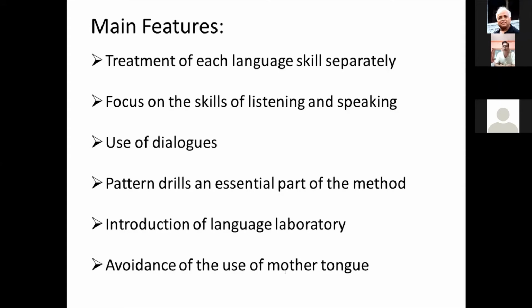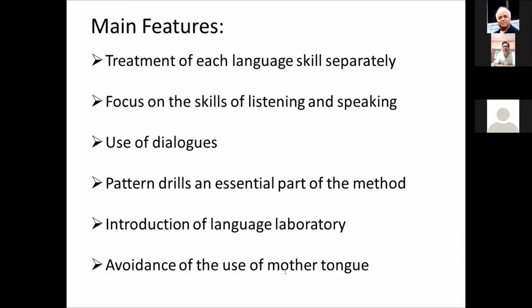The students can mimic a model. He can listen to the target language through tapes and audio tapes, and he can then mimic the model or memorize the language patterns.